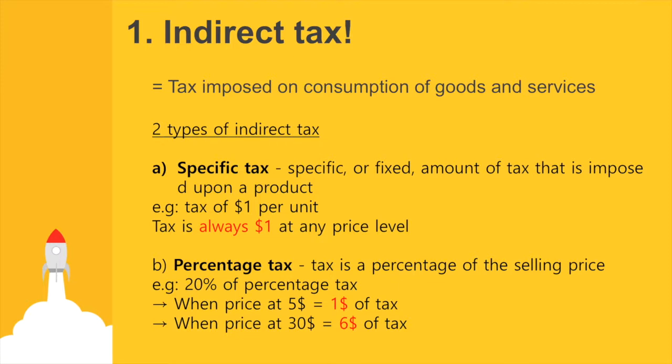But when the price gets higher, for example $30, that creates $6 of tax in consumer, which means that in percentage tax, as price gets higher, the amount of tax paid by consumer will increase.